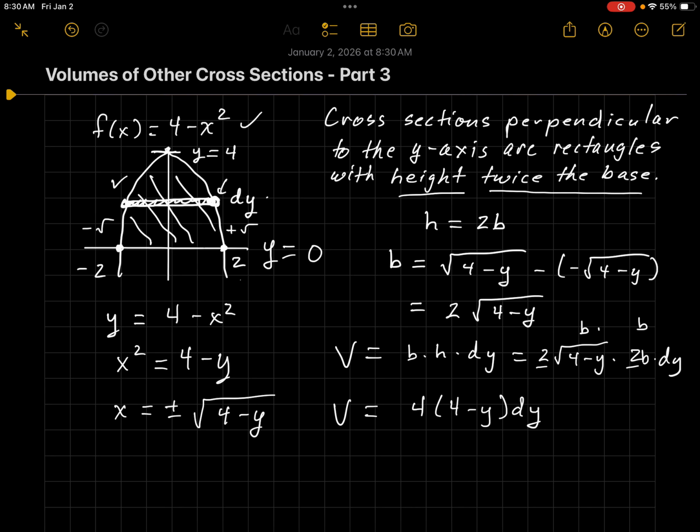Which means the entire volume is when we sum all of these pieces together, starting at our lower y value 0 and ending at our upper y value 4.